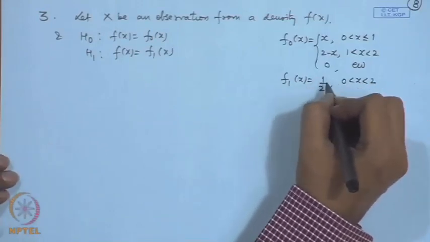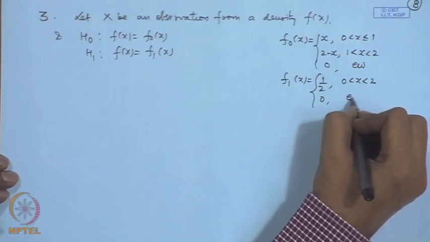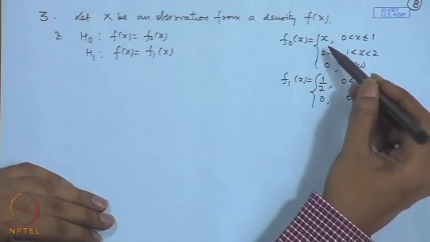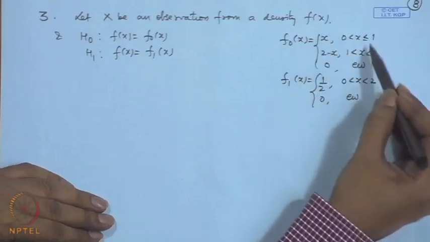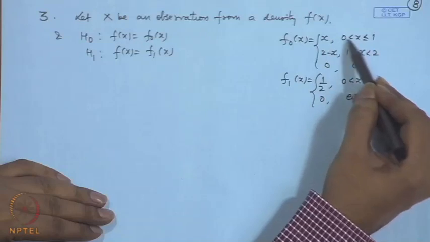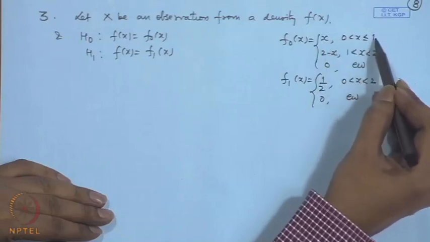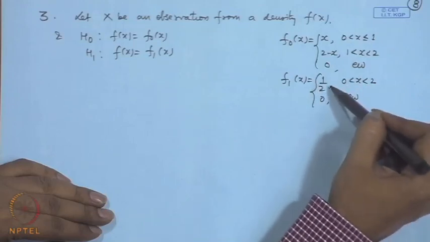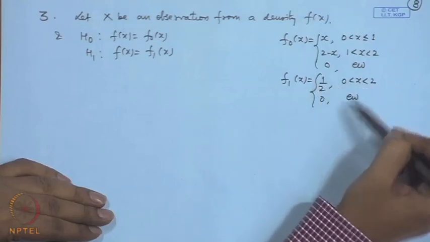So, this is nothing but the uniform distribution on the interval 0 to 2. Now, you note here the distribution under H0 is a distribution over the range 0 to 2, but the form of the density function changes at the point 1, whereas the second density has the same form throughout.